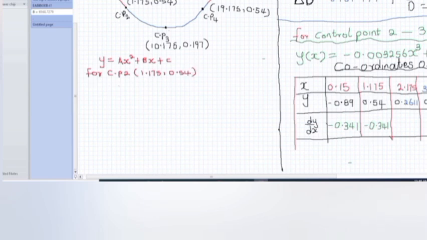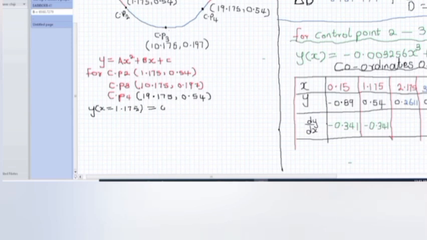We equally have control point 4, where we have x = 19.175 and y = 0.54. So when x is 1.175, y is equal to 0.54.